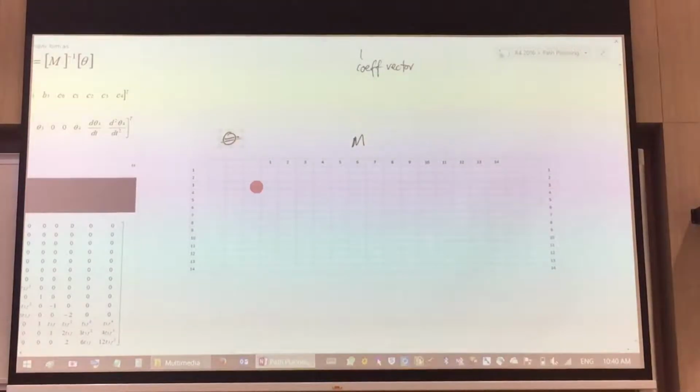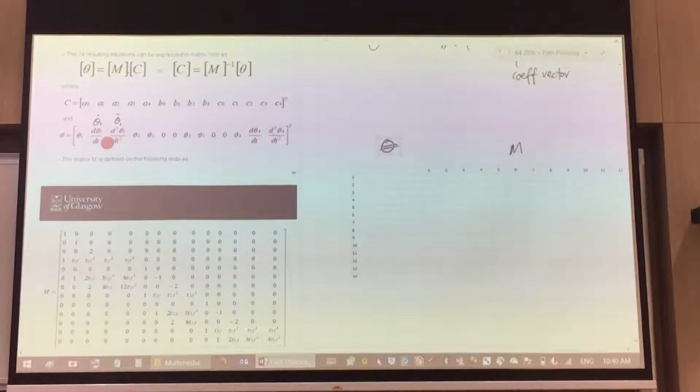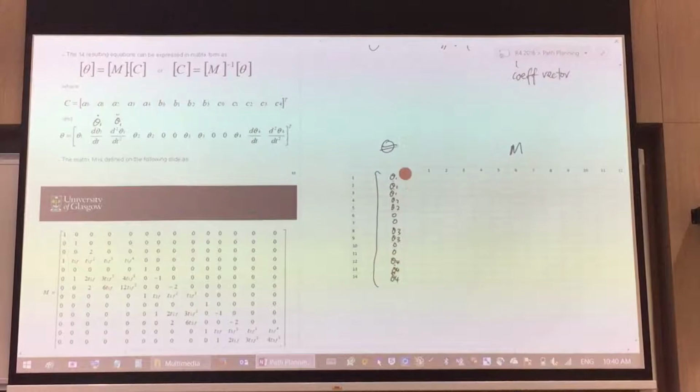Based on this, you have theta 1, theta dot 1, theta dot dot 1. Next one, theta 2, theta 2, 0, 0, theta 3, theta 3, 0, 0, theta 4, theta dot 4, theta dot dot 4. This is your theta matrix transpose, equal to your M matrix.